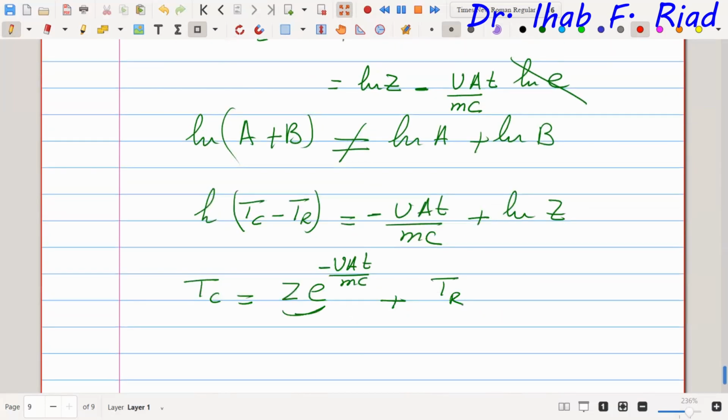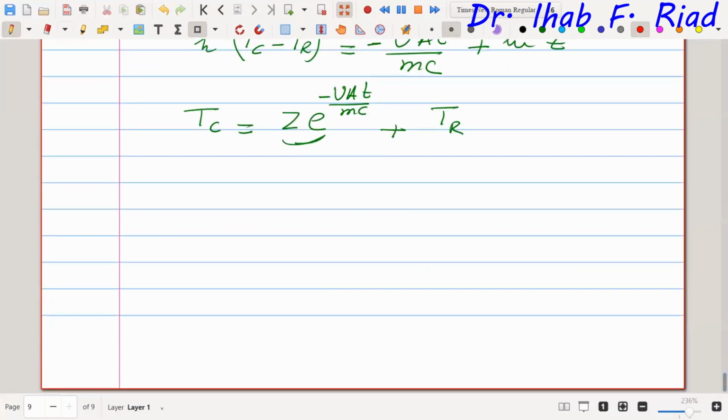It doesn't work that way. So maybe you did say TC minus TR is equal ln, I don't know, ZE minus UAT over MC, like this. I did it wrong, yes.